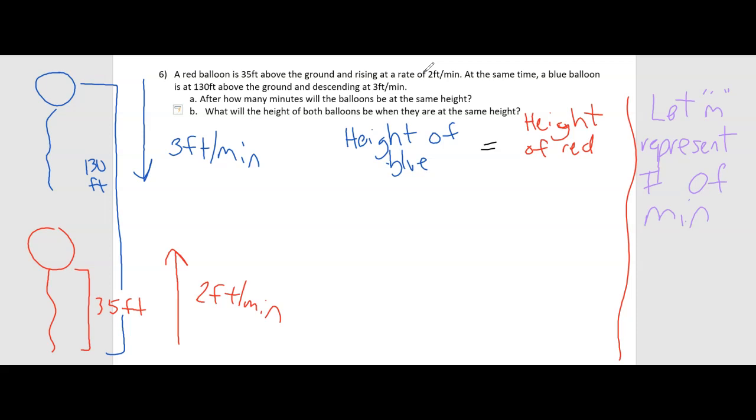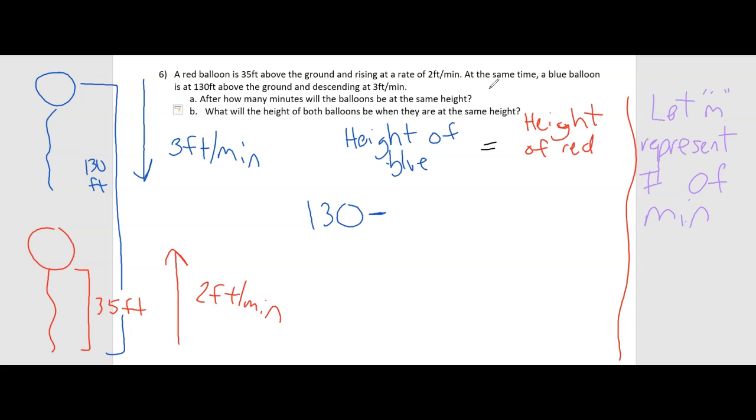So after 1 minute, the red balloon will be at 37 feet above the ground because it's traveled upwards of 2 feet. And the blue balloon will be at 127 feet because it will have decreased its height by 3 feet. Okay, so the height of the blue balloon. It starts at 130. Because it's descending, we're going to be subtracting feet off of 130.